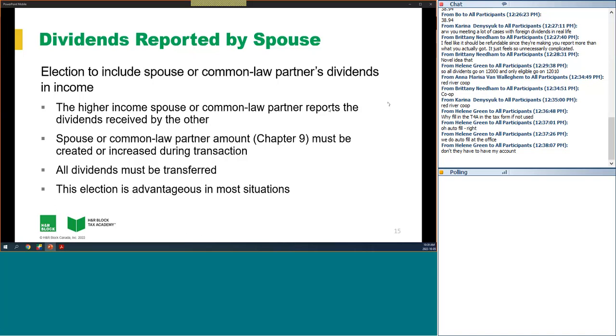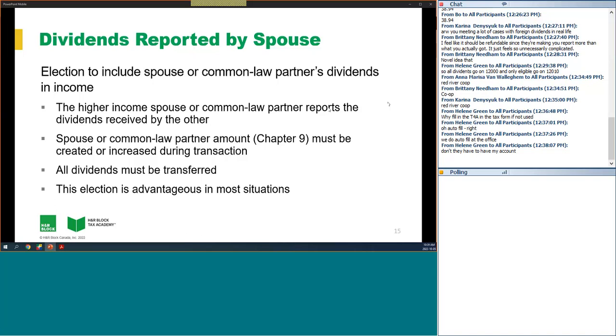If your spouse is low enough income and they have dividends, you can choose to report all of their dividend income, which includes their dividend tax credit, as your income on the return, if doing that means you get more of a spousal credit, or if you weren't getting a spousal credit, but because you've moved that income over, now you're going to get one, then you can do that.